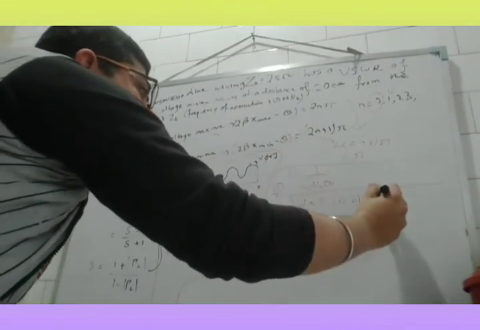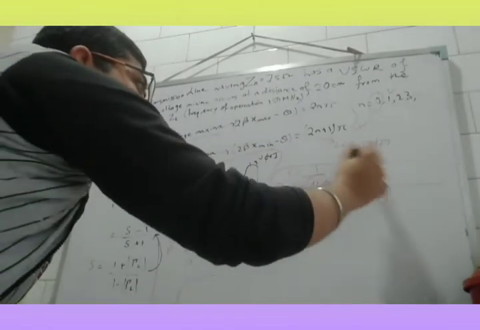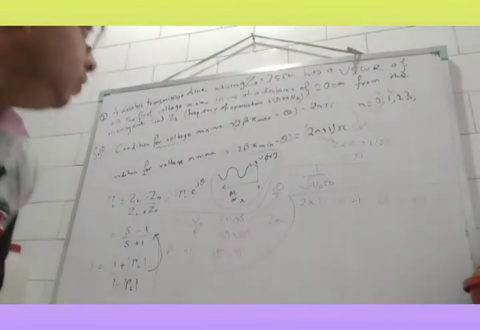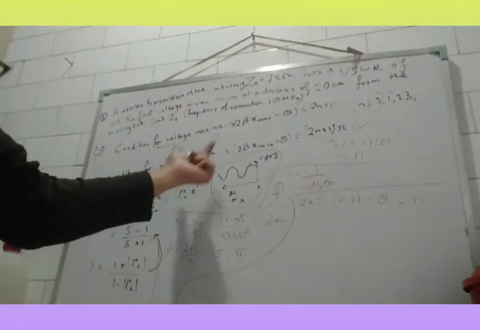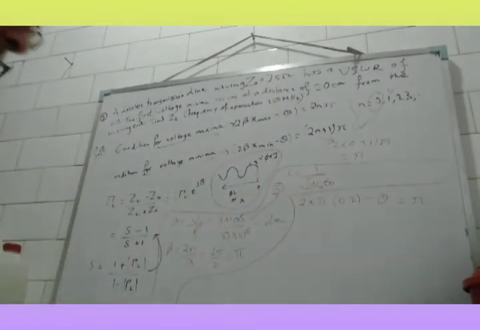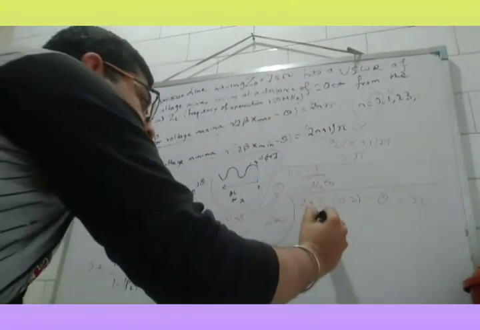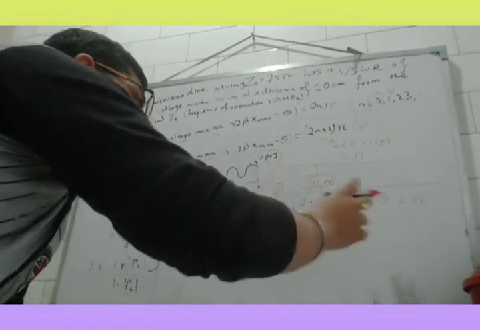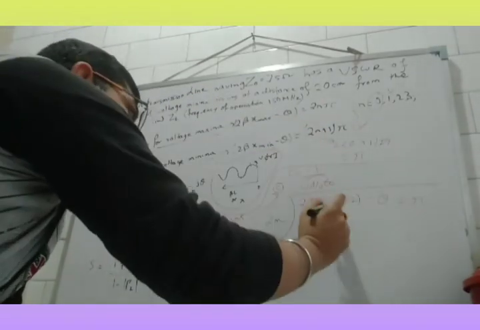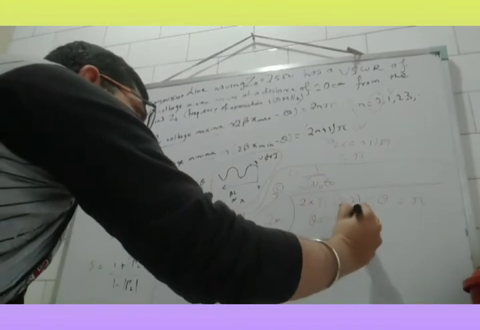Theta you need to calculate, and this is equal to pi. So basically from this condition what we are calculating is theta. What will be my theta?